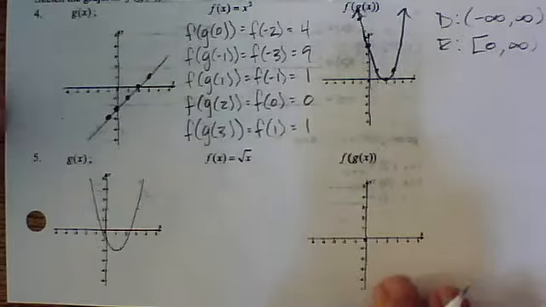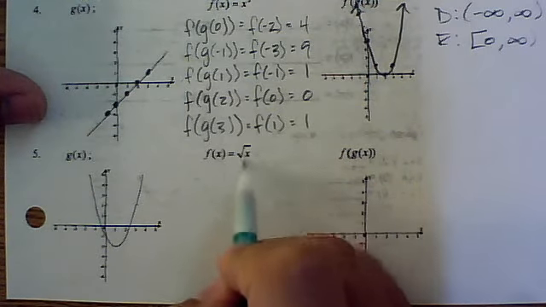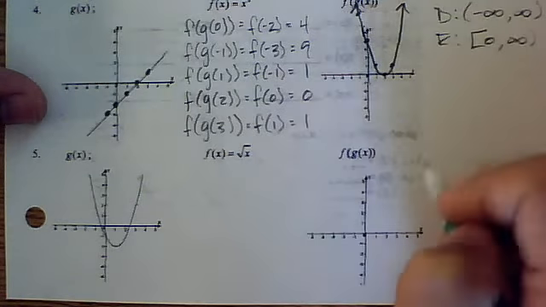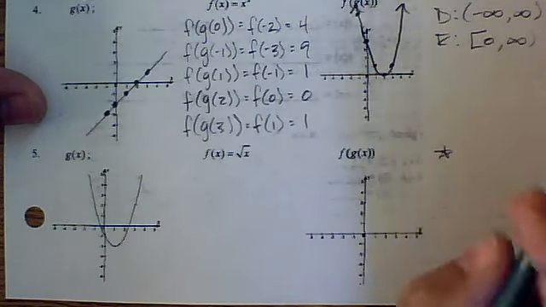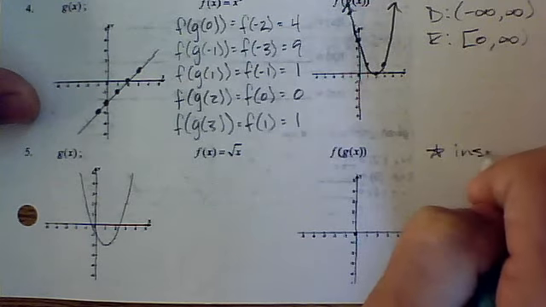So down here, on example number 5, we're dealing with a square root. So remember, as far as the domain goes, the rule is the inside cannot be negative.